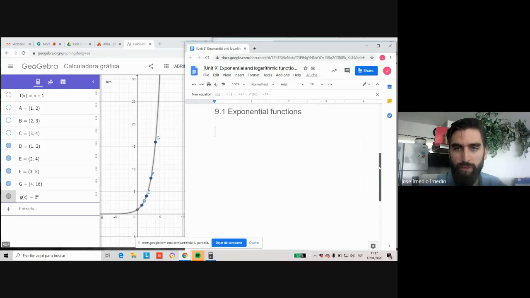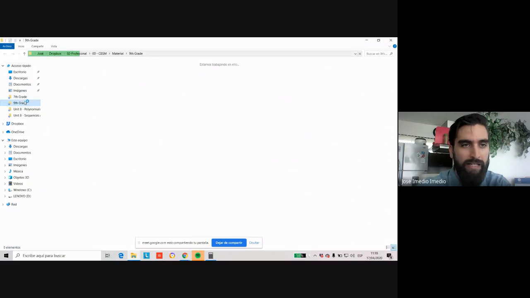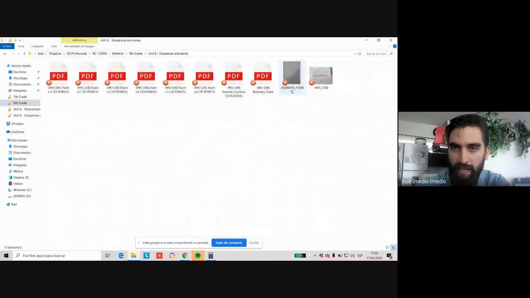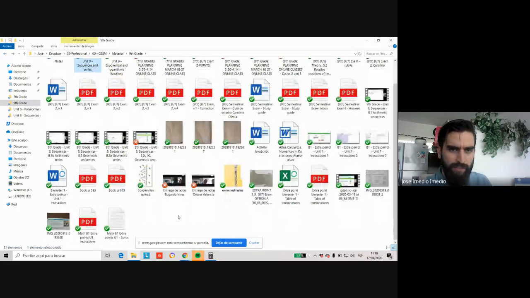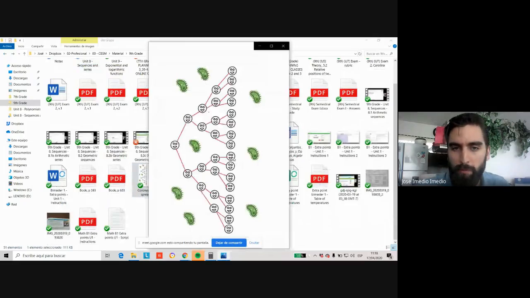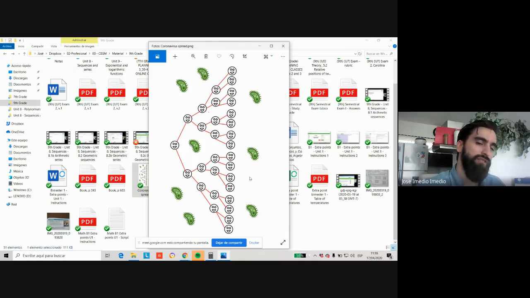So, starting with exponential functions, if you think about the example I used for explaining geometric sequences, this drawing about the coronavirus spread, actually this example is not that realistic.